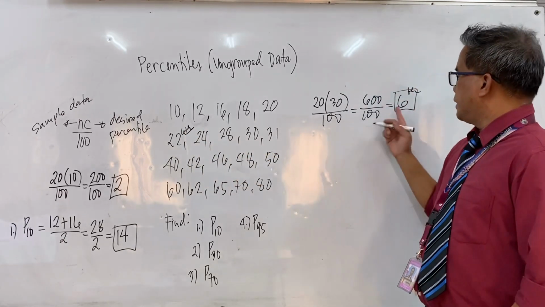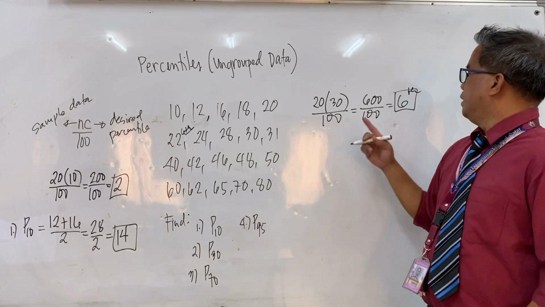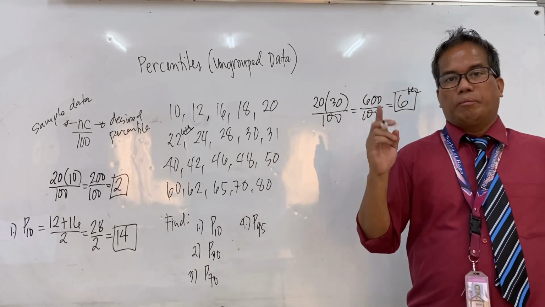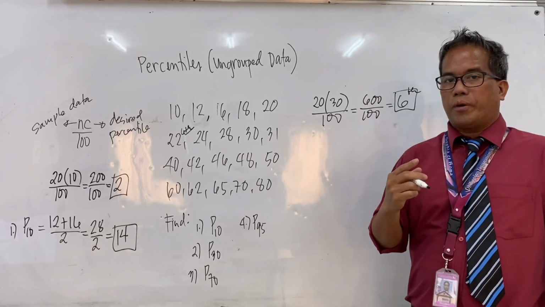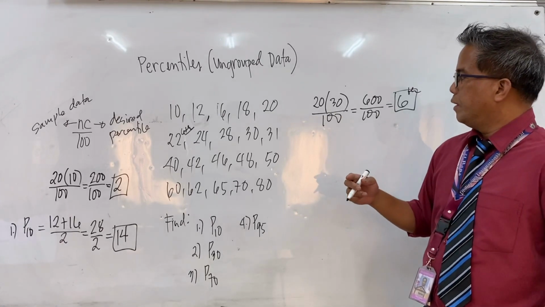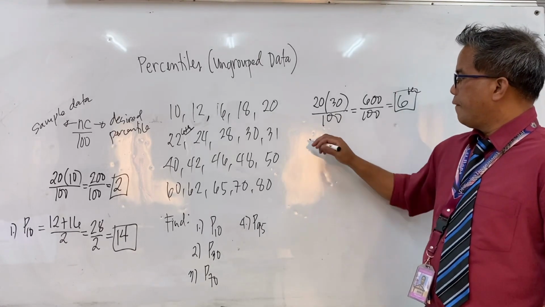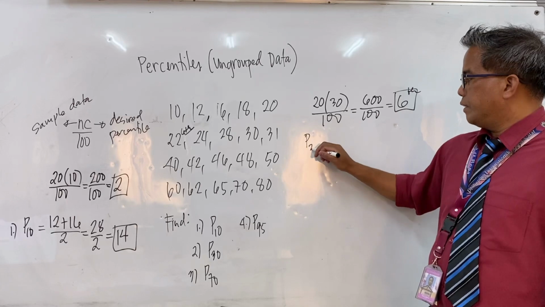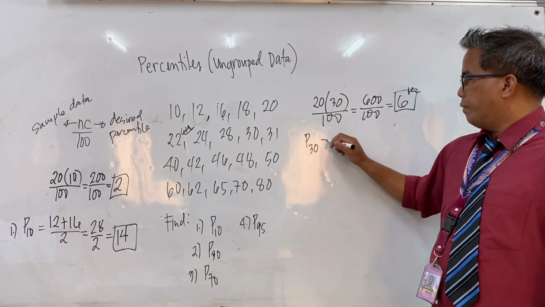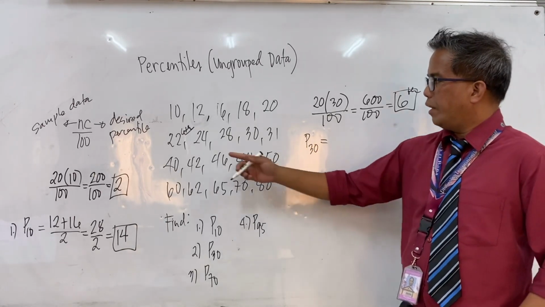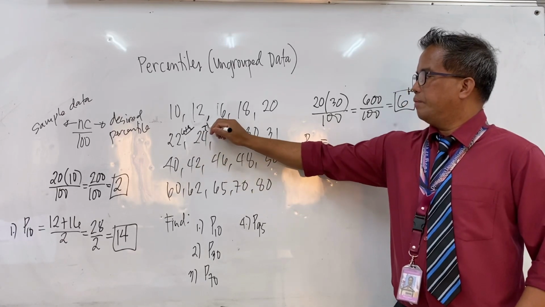Since this is an integer, we added 0.5, so it will become 6.5. It means that the value of P30, percentile 30, lies between the 6th and the 7th term.